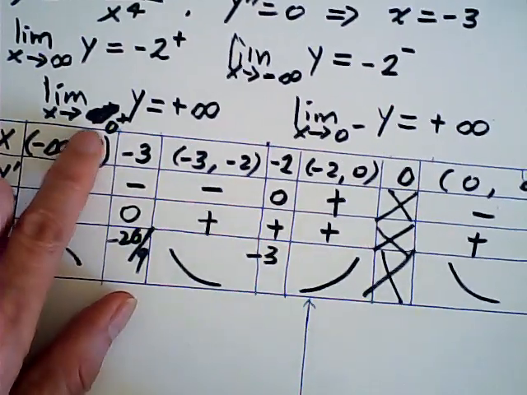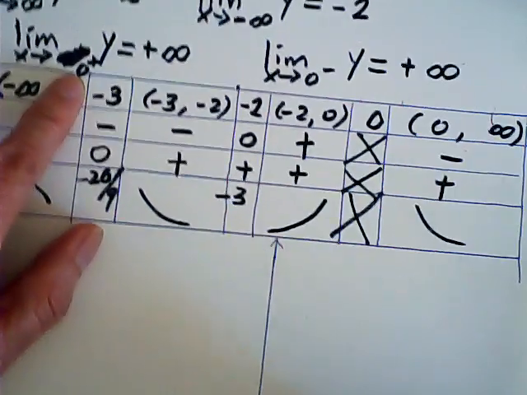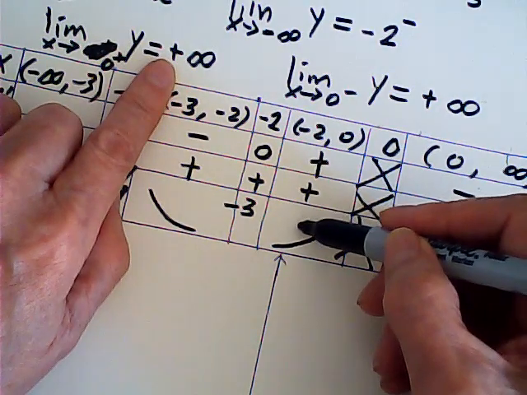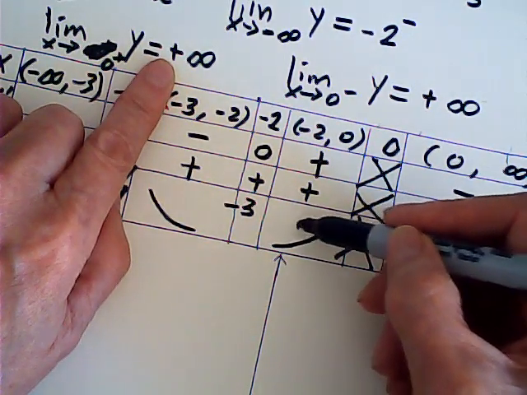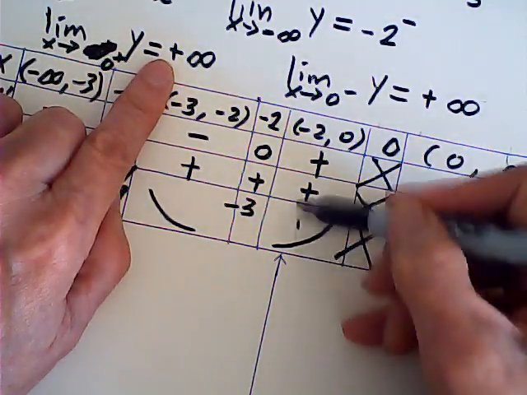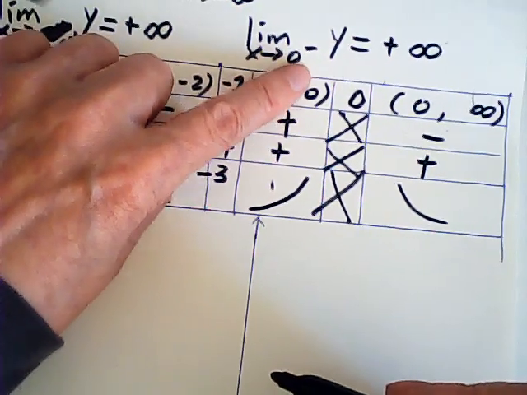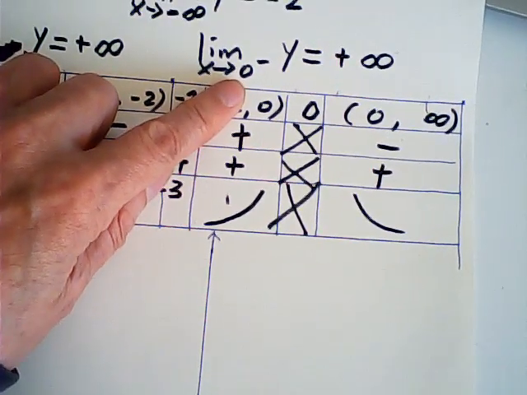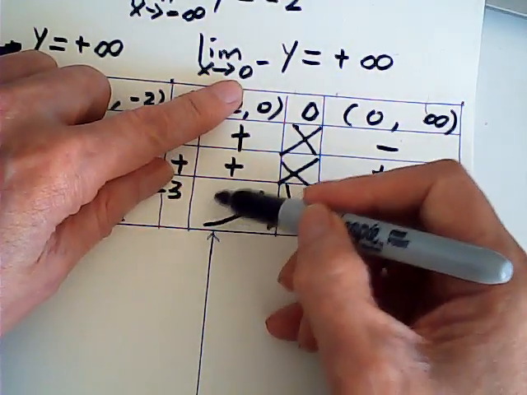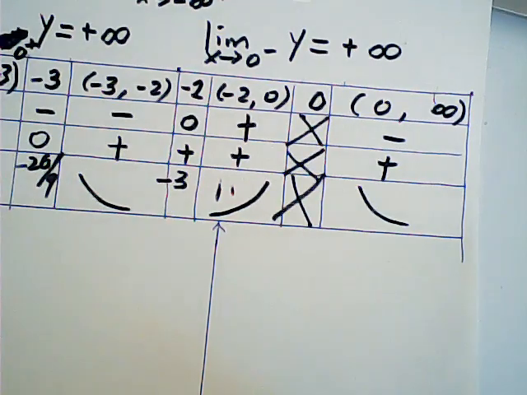And when x is approaching 1 from the right-hand side, y is approaching positive, so somewhere here. When x approaches this, it is a very large positive number. When x is approaching 0 from the left-hand side, y is also very large positive, somewhere here.